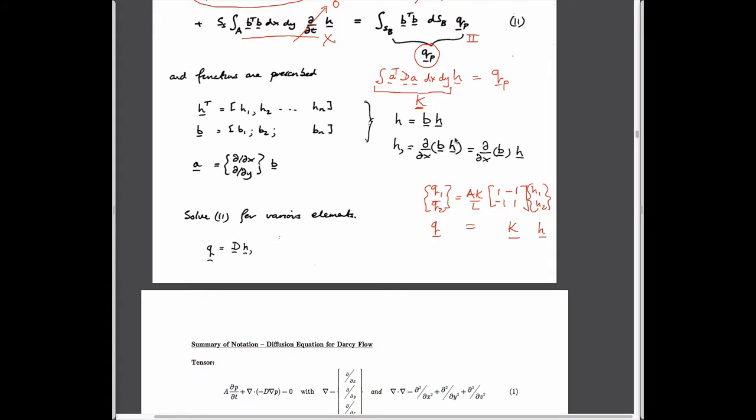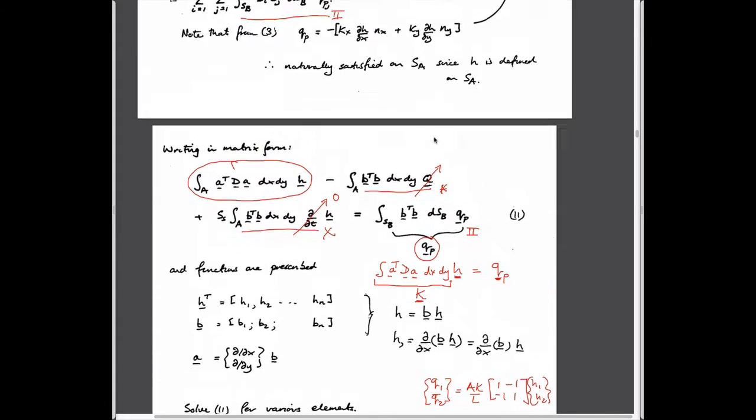And what we've done here is we've linked magnitudes of nodal heads with magnitudes of nodal fluxes with a matrix that we can define. A little more complicated now because it looks a bit different, but nonetheless it's a matrix that we can define.